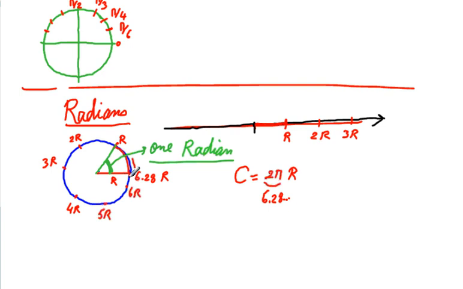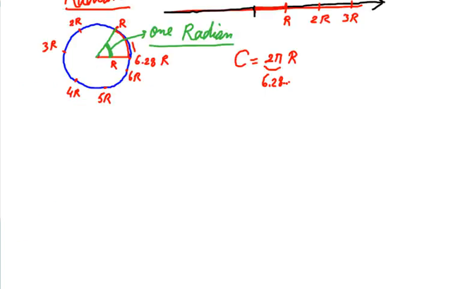Now, since we wanted to make our life easy and reduce the clutter, we are dealing with a unit circle. In a unit circle, the radius is 1. I take that radius and lay it on the side. That is going to be 1 radian.